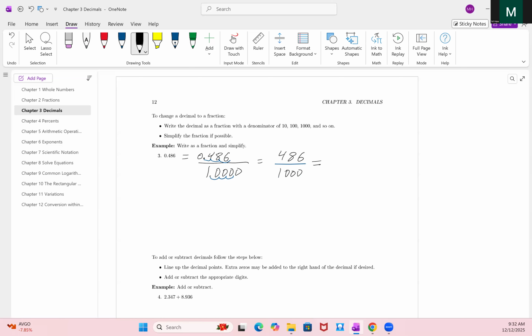So let's break 486 into 2 times 243. 1,000 is 2 times 500. 2 is a common factor, they cancel out. Now we are left with 243 over 500. So 0.486 as a fraction is 243 over 500.